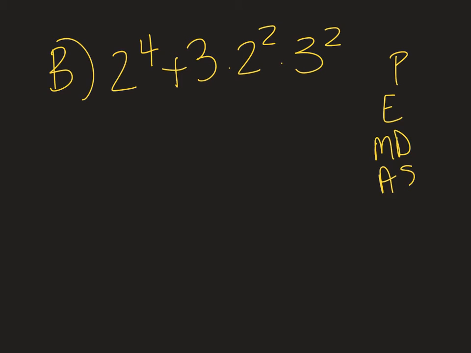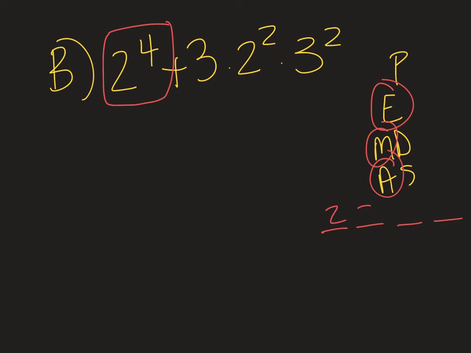And let's go through and circle what we have. We have exponents, we have multiplying, and we have adding. And let's start solving. We are going to start with the exponents. 2 to the power of 4. So that's 1, 2, 3, 4 lines. Plug in my 2's and multiply. Once again, you can type that straight into Desmos. But I know that 2 times 2 is 4, 4 times 2 is 8, and 8 times 2 is 16.